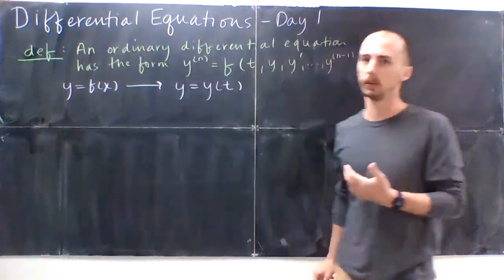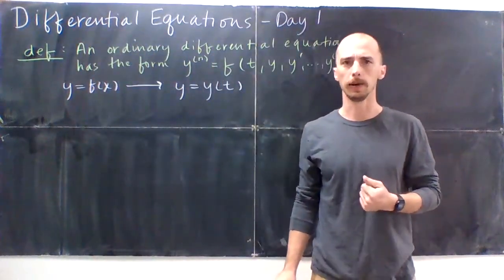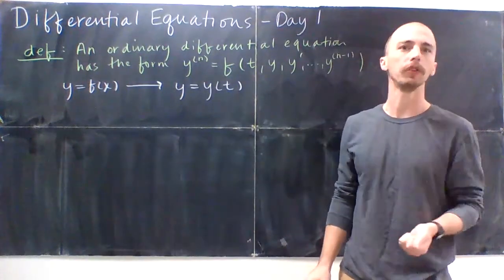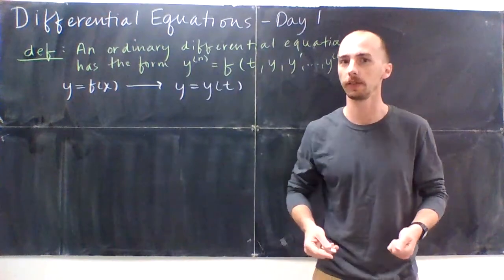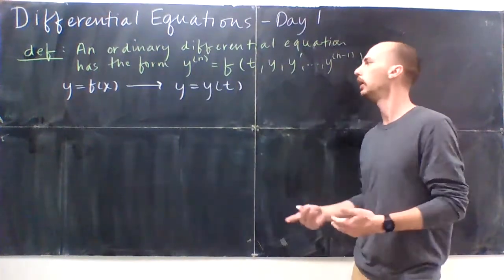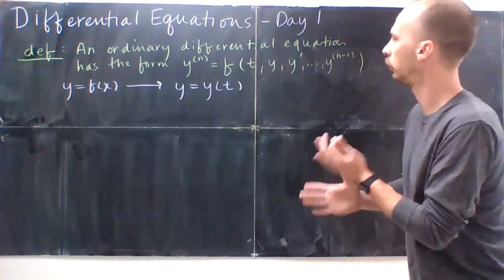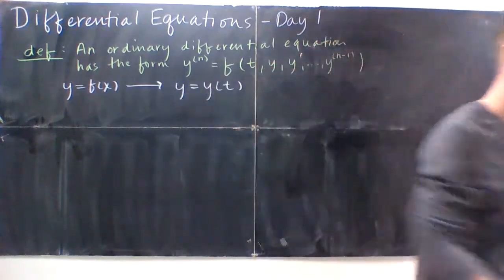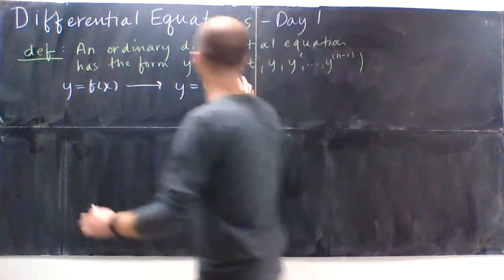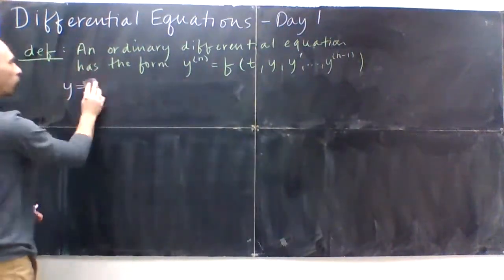Oftentimes with differential equations we're studying science, population dynamics, things that change with time. So very frequently in this class, our independent variable wants to be time. I just wanted to point that out before I get too far and start talking about y of t, and you're wondering where f of x is.